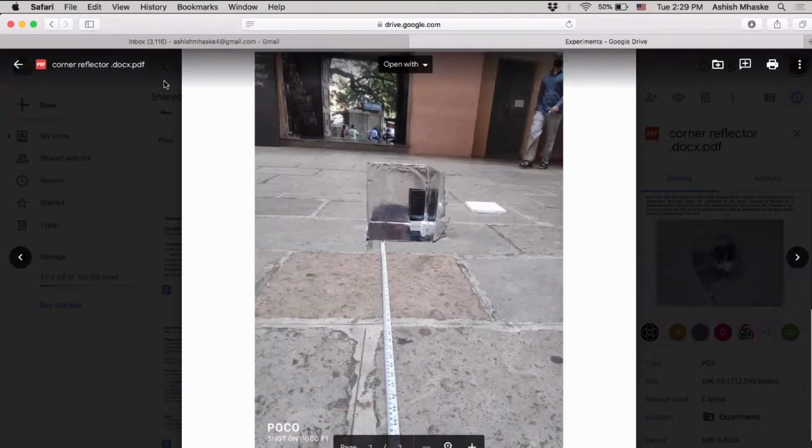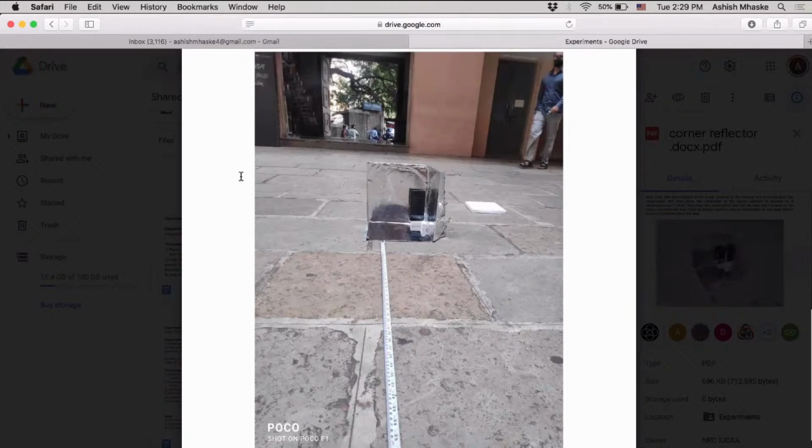Can you repeat the first part? Okay, I was saying that if we use a parabolic kind of reflector, then the distance between the reflector and antenna will be constant, irrespective of whichever point you take as a reference. So won't it be better to use those kind of reflectors?